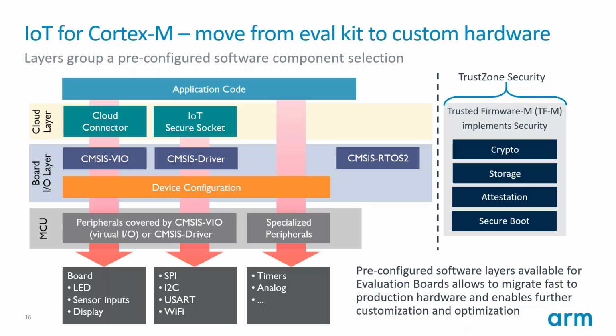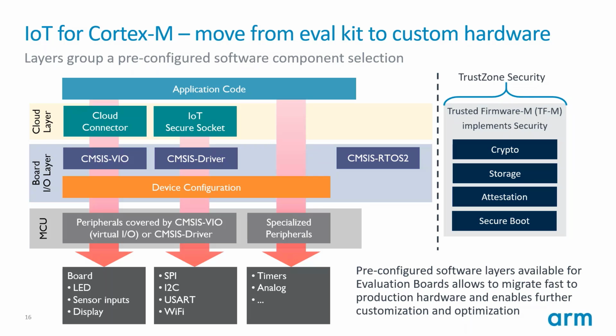This is useful for demo examples where you want to interface to your evaluation board peripherals. But VIO, as the name indicates, also has a virtual mode, so you can switch off the actual interface to the board peripherals and run it on your customized production hardware.